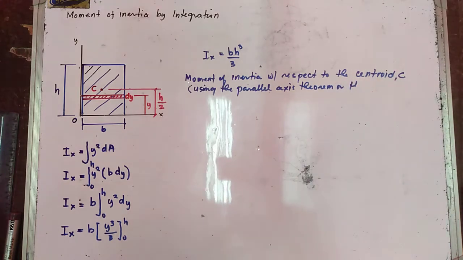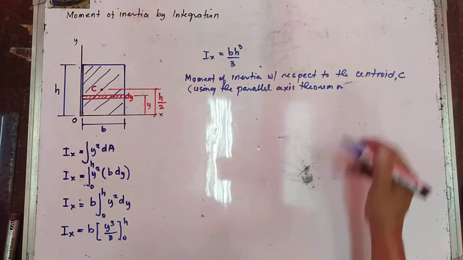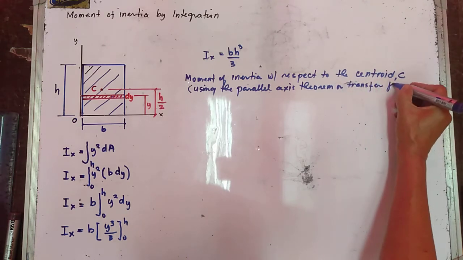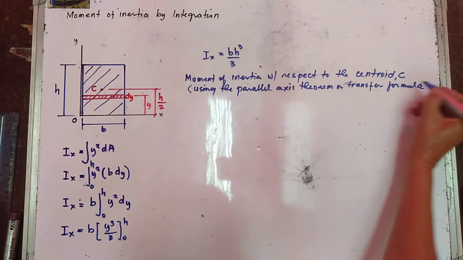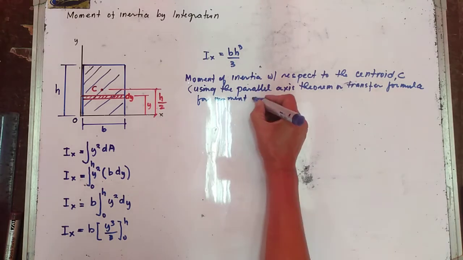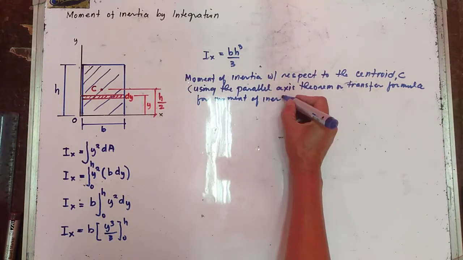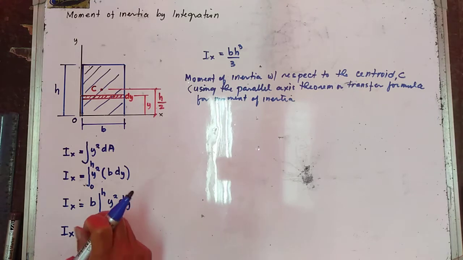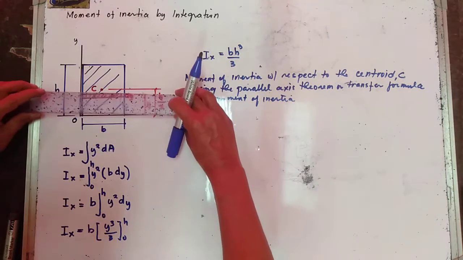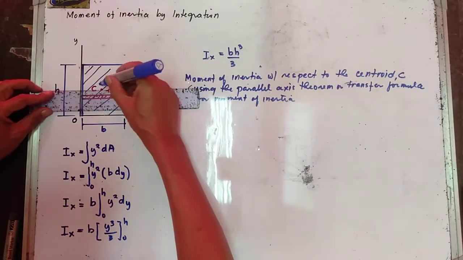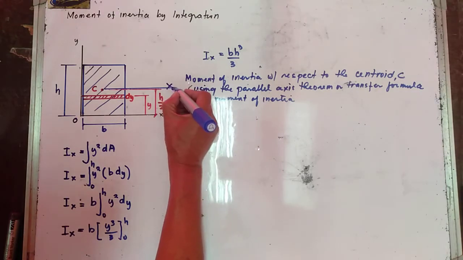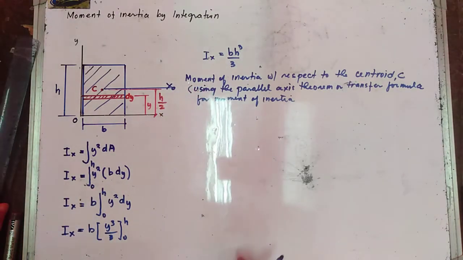or transfer formula for moment of inertia. So that is for moment of inertia, then we now have this axis in here, which is now your x of O. So I'm going to consider this one as x of O. So that is the axis.